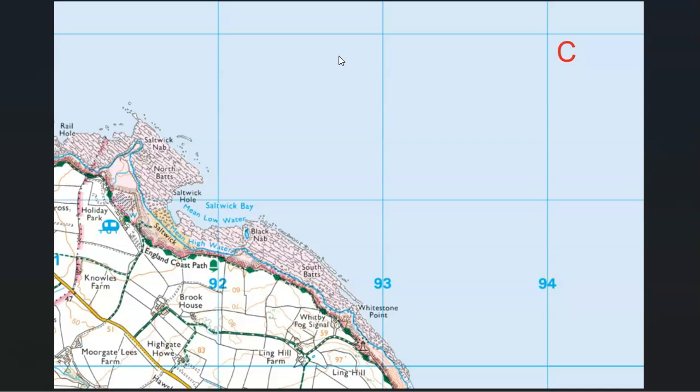What about map C? Well, we've got some steep ground here. We've not really got a bay shape in here though, or neither have we got it there. We have got a bay coming across here with some steep ground above it, but if we look at the contours there, we've got 80, 70, 60, 50 meters. So if I was stood right at the edge down here somewhere, it'd be below 50 meters looking across.